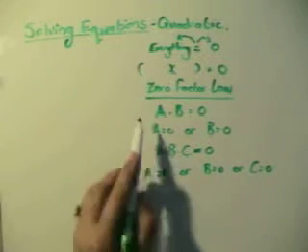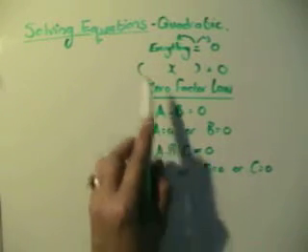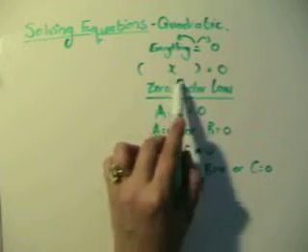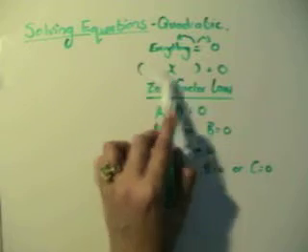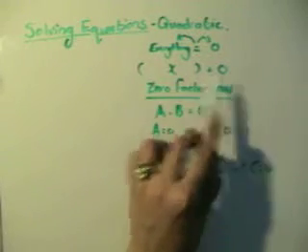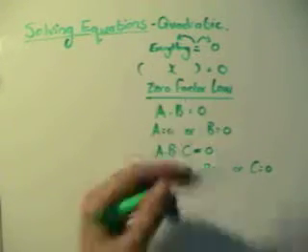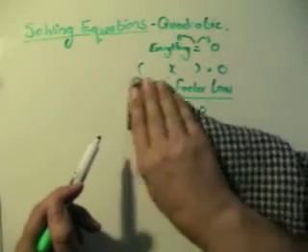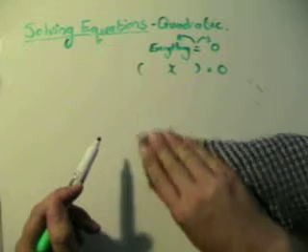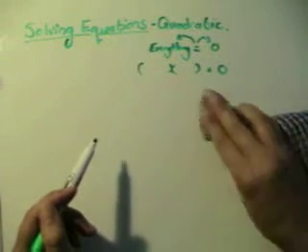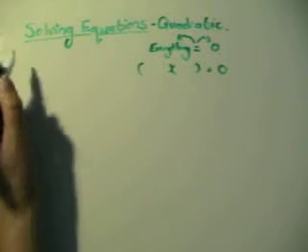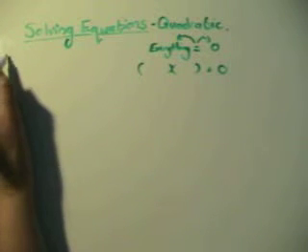Now quickly look here, I wrote a times b, but can you see that I can look at this bracket as a and this bracket as b? So if this times this gives me 0, one of these brackets must be 0, and that I can use to solve the equation so that I find values for x that are valid answers to the equation.